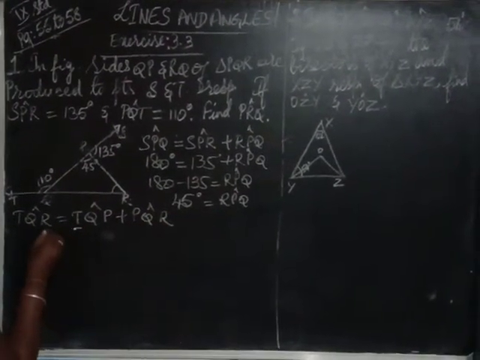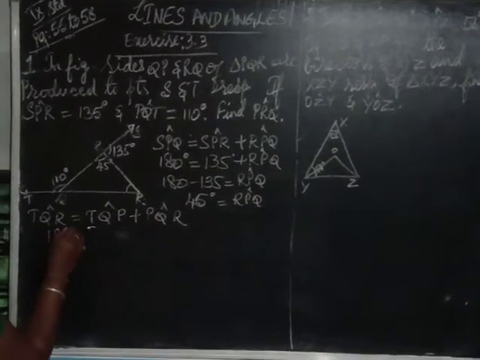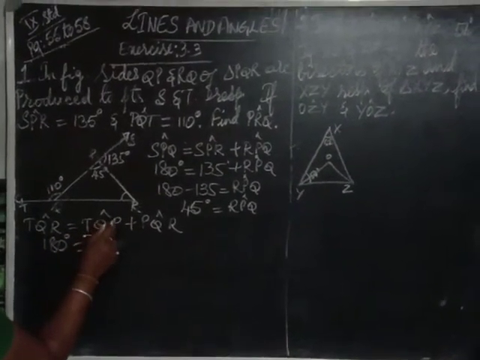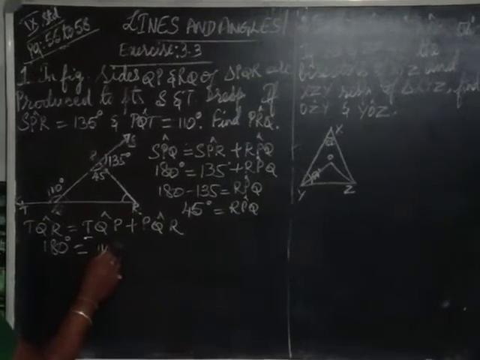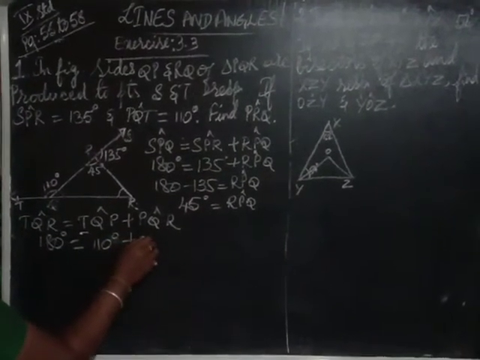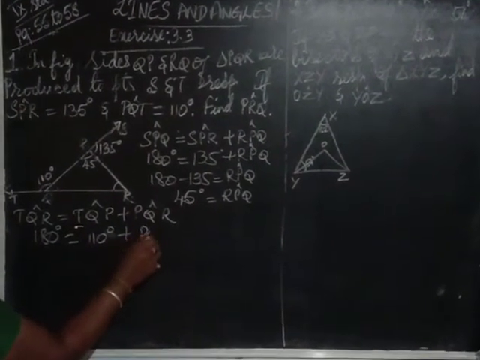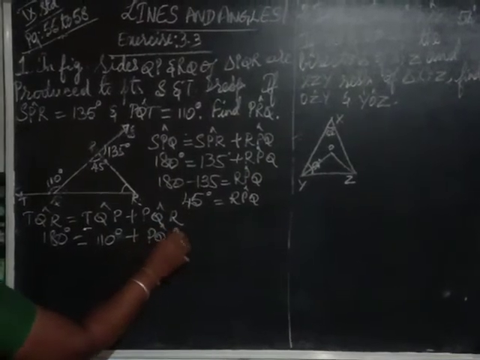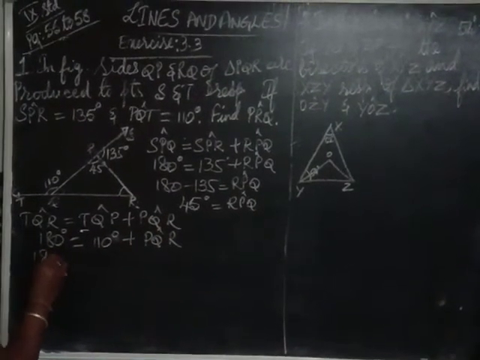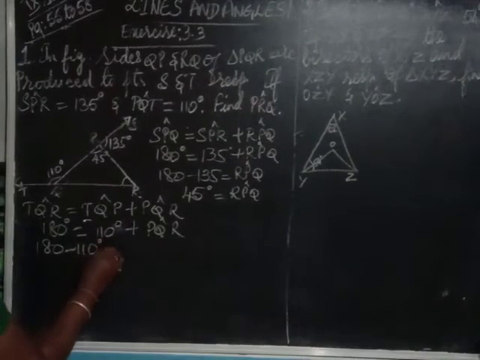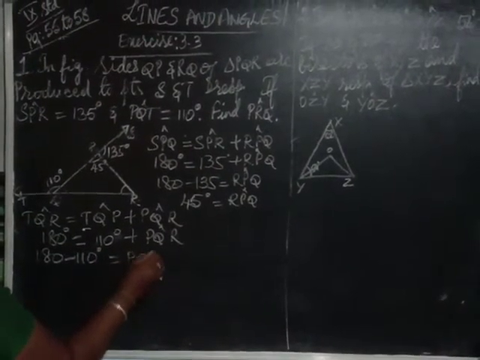Now 180 is equal to TQP, which is 110, plus PQR. We have to find out now. 180 minus 110 is equal to PQR.